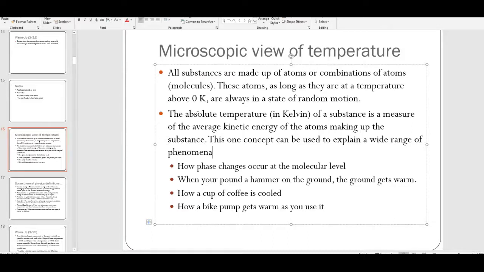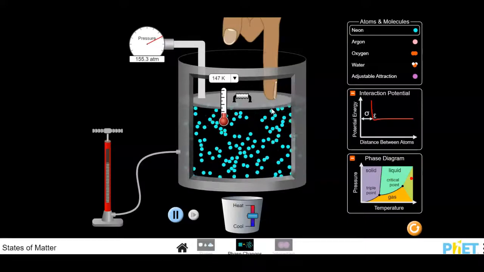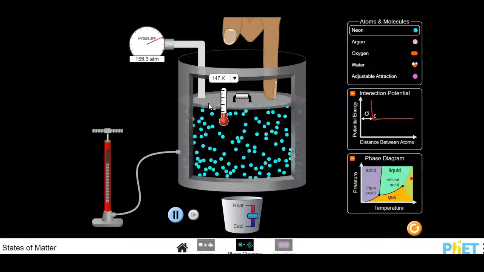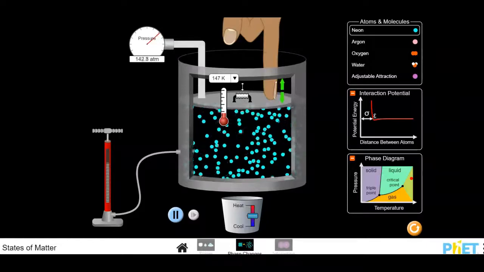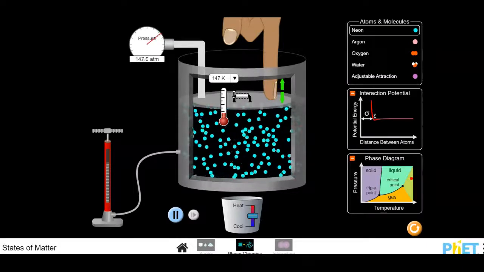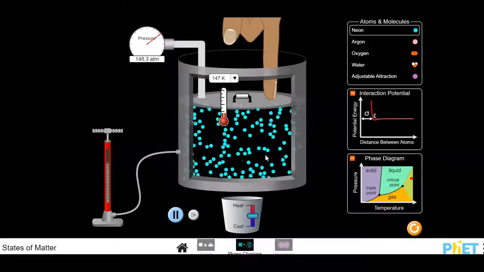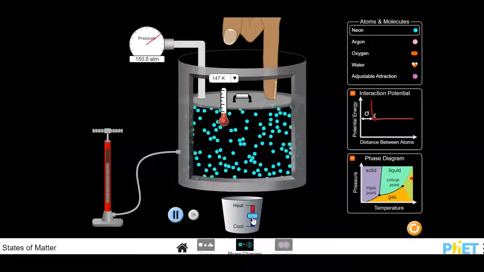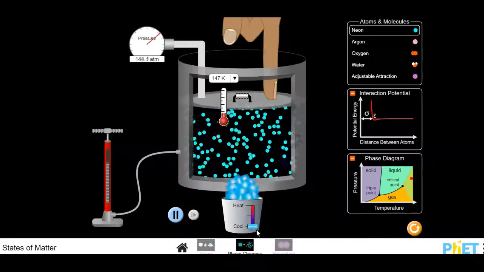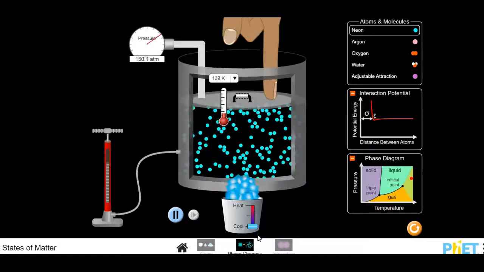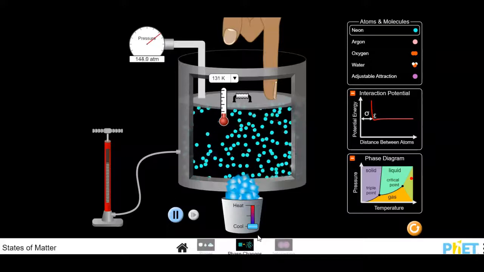How a cup of coffee is cooled. This is not a completely accurate simulation, but just to understand how a cup of coffee is cooled, here's basically how this works. Let's say you have a liquid. Okay, this is a gas, but let's just pretend you have a liquid.